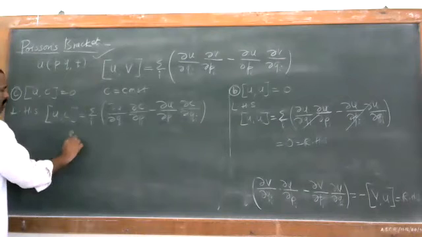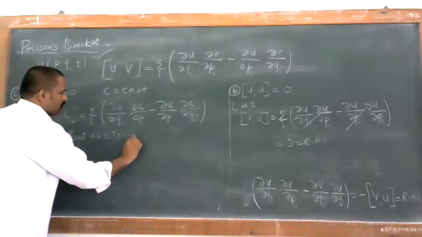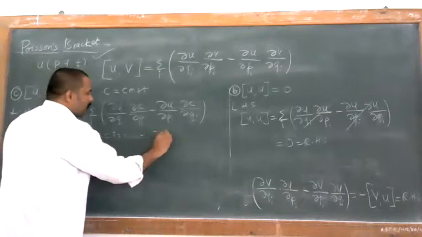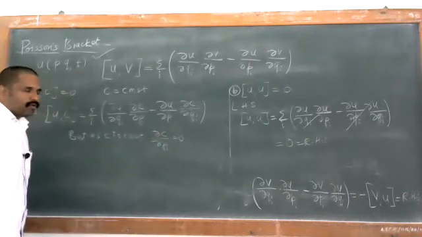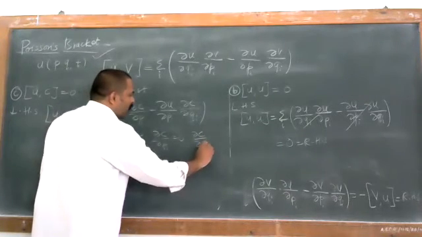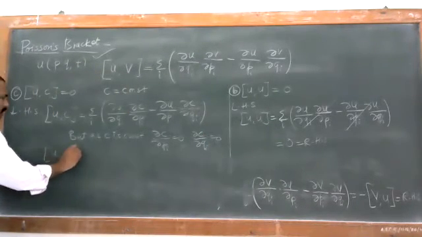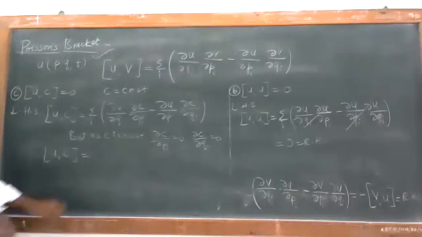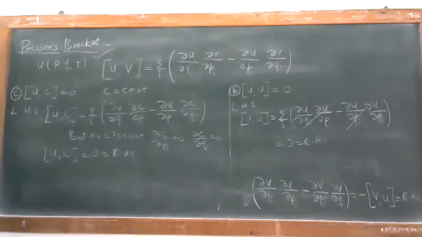But as C is constant, what is the value of ∂C/∂Pi? This ∂C/∂Pi is 0. And this ∂C/∂Qi is also equal to 0. So what is the Poisson bracket value? The Poisson bracket of U, C is equal to 0, and that is nothing but your RHS.